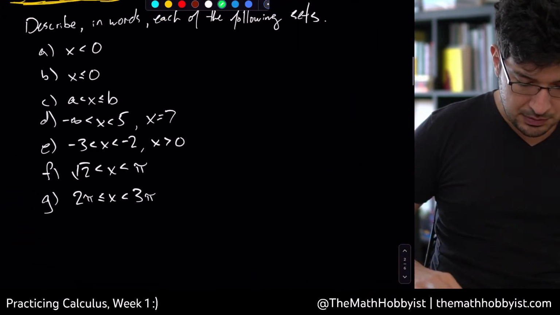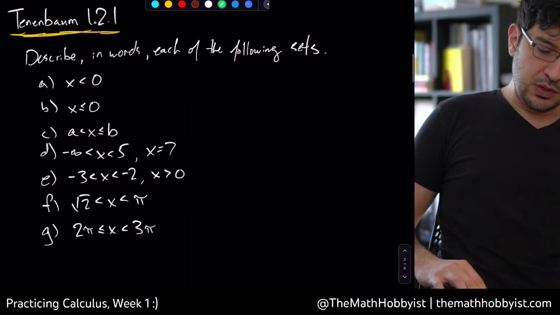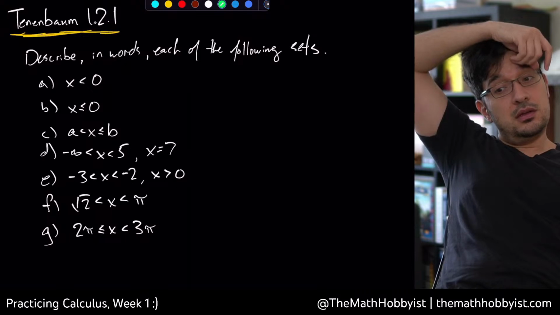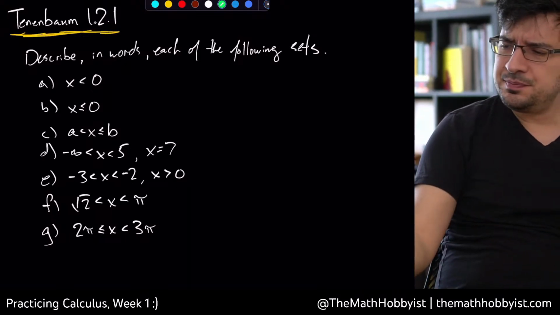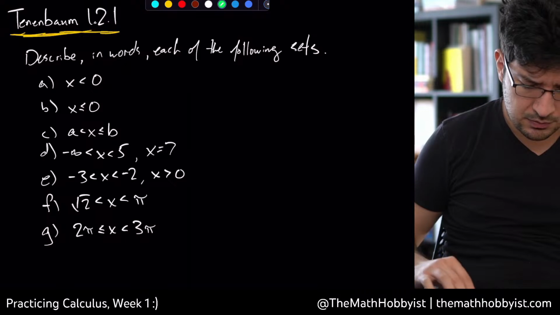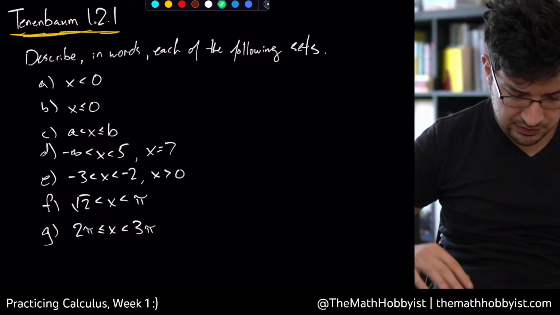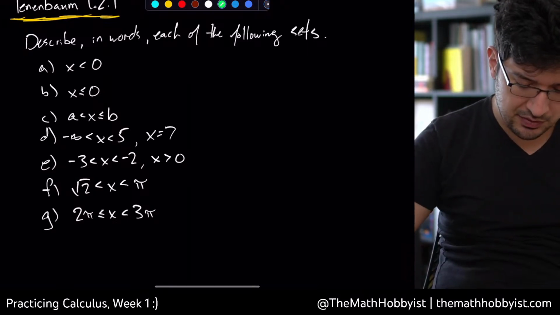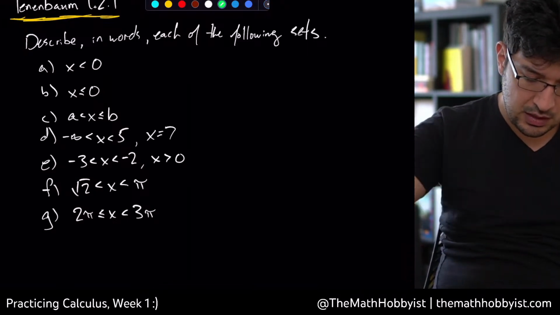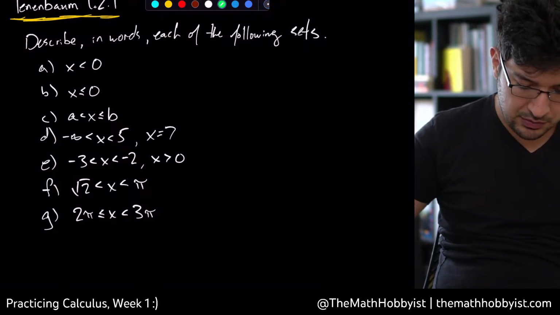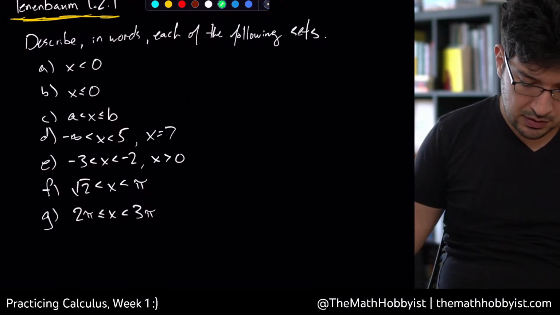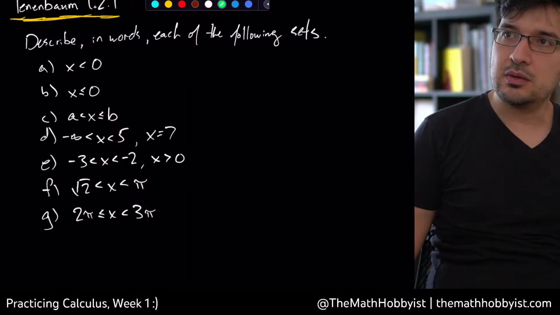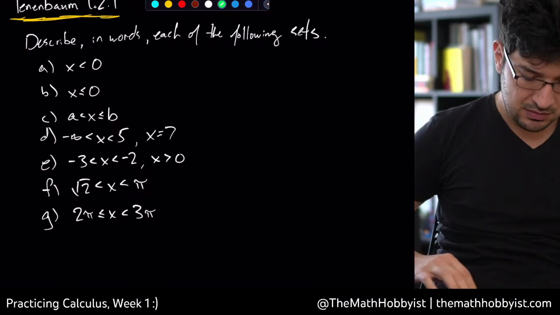He literally does a similar thing as Taalman: defining functions, defining sets, and how would you describe each of these? Like the negative numbers, the non-positive numbers, the numbers between a and b, including b.